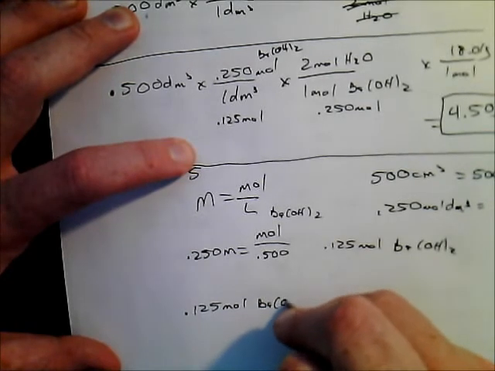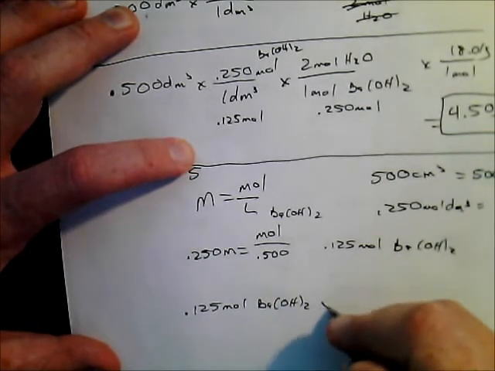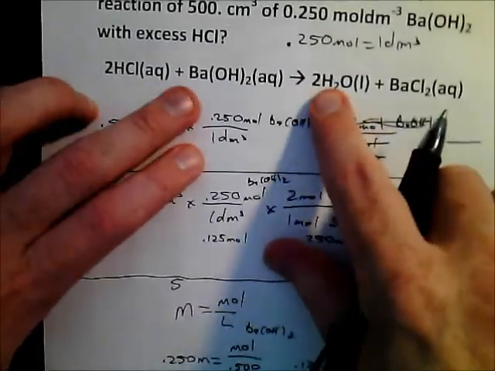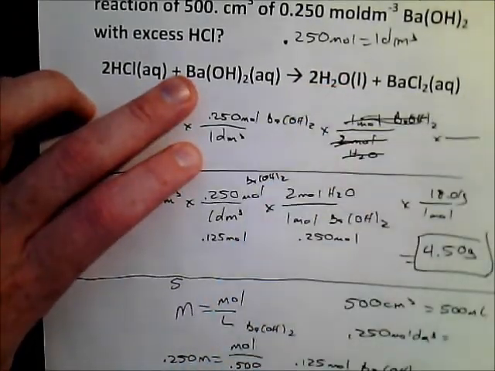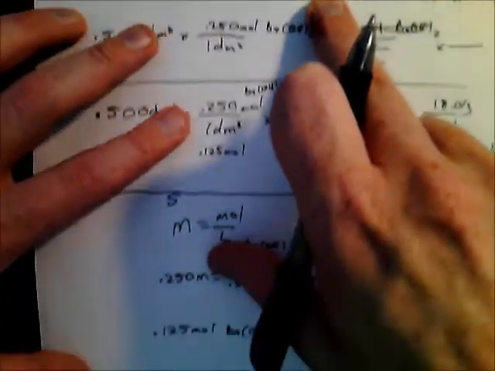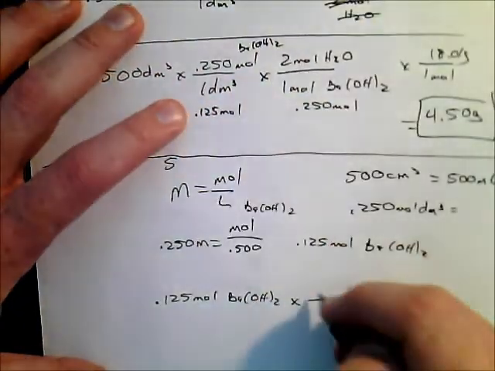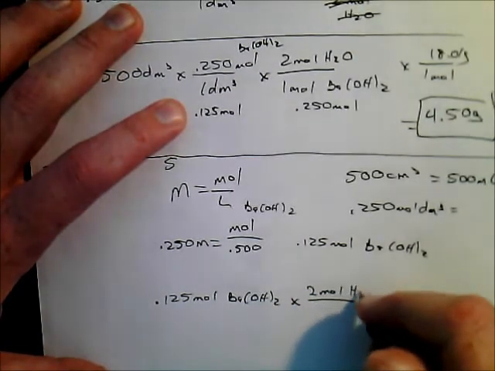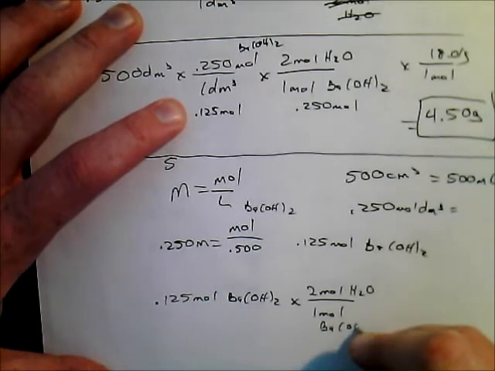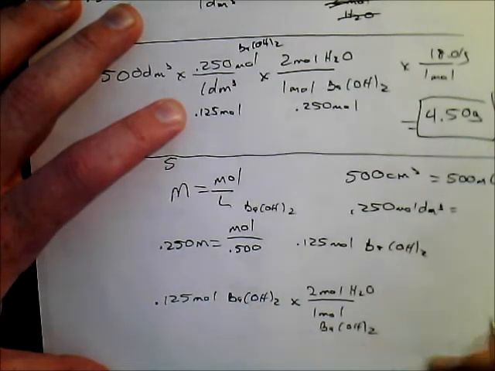Once we have that, that's really the only part that's different. Then it still is stoichiometry. Next part of stoichiometry is always the mole ratio. It's 2 to 1. So I've figured out my moles of barium hydroxide, so now I can use my mole ratio to go to moles of H2O. And since barium hydroxide is on top, it has to be on the bottom here.